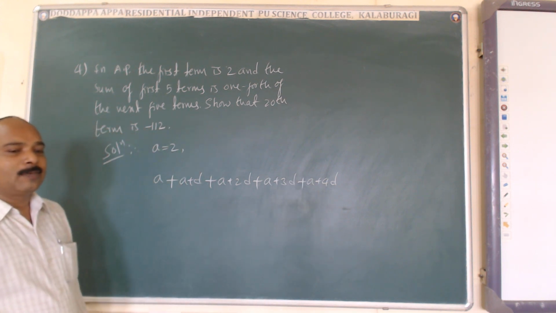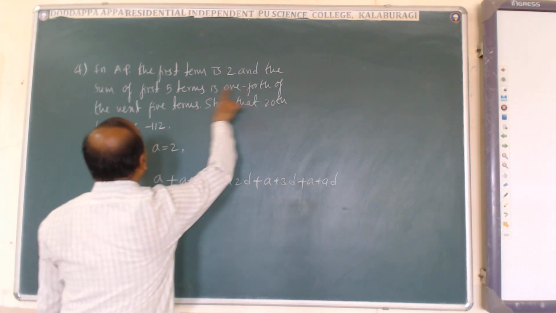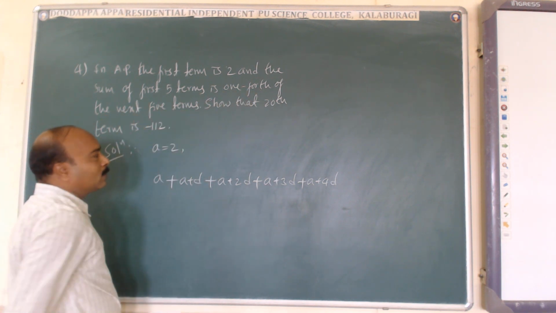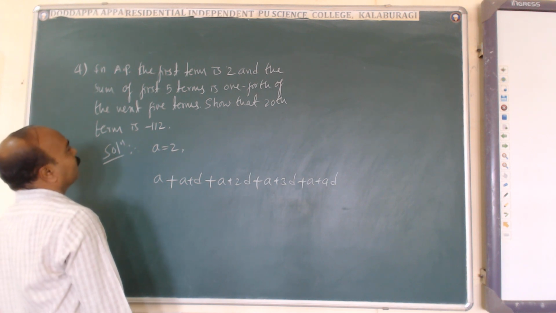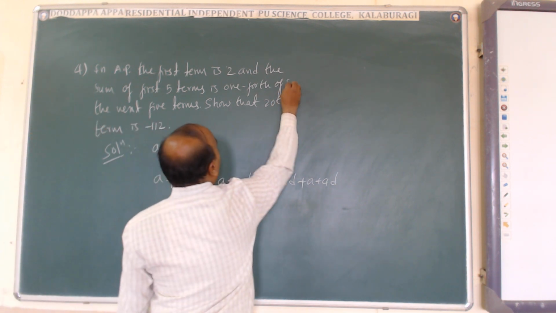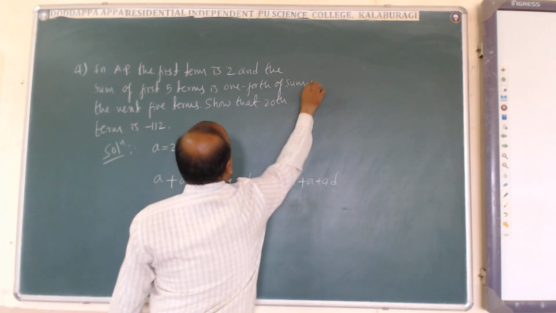The sum of the first 5 terms of the AP is 1/4 of the sum of the next 5 terms.